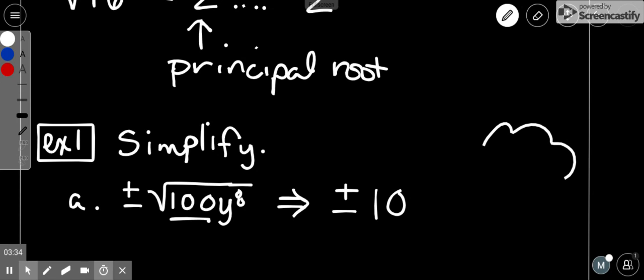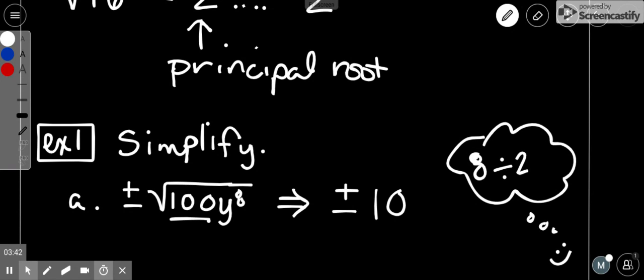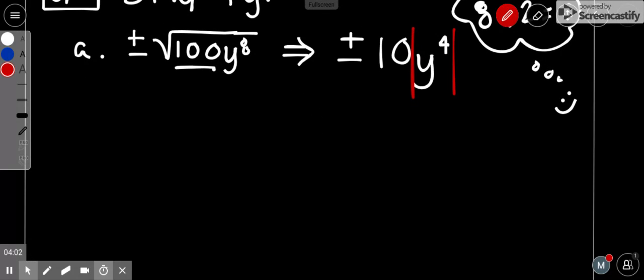And then over on the side, what you should be thinking to yourself is 8 divided by my index of 2 is 4. So it's y to the 4th. Now, technically, that y, since it's an even root with an even index, would be inside absolute value bars. Most of the time, we don't put those, but you need to know that information.